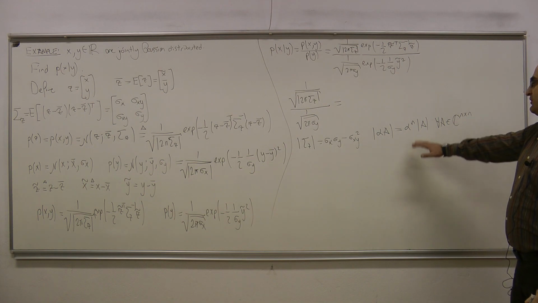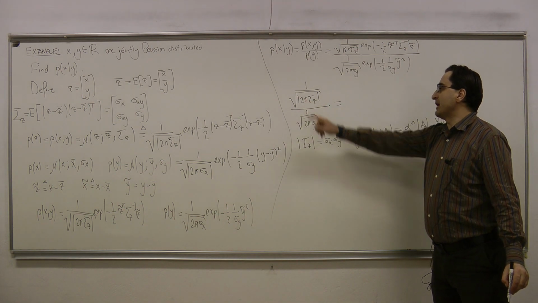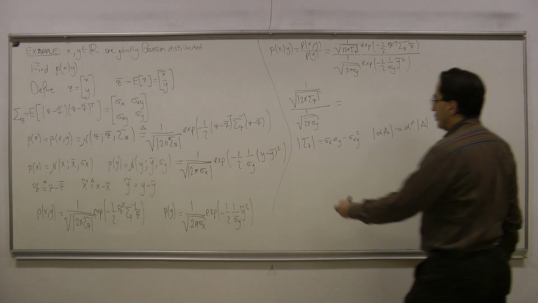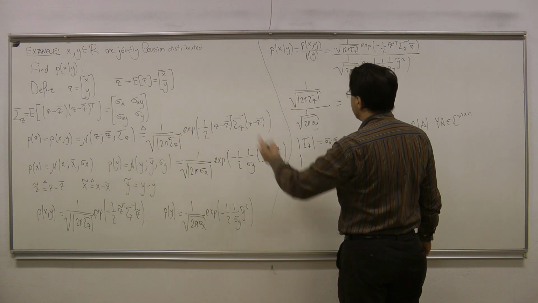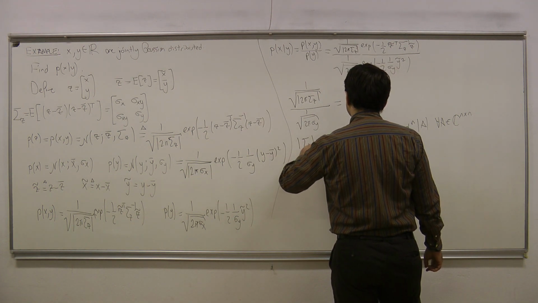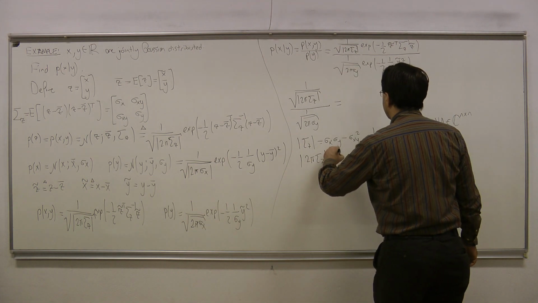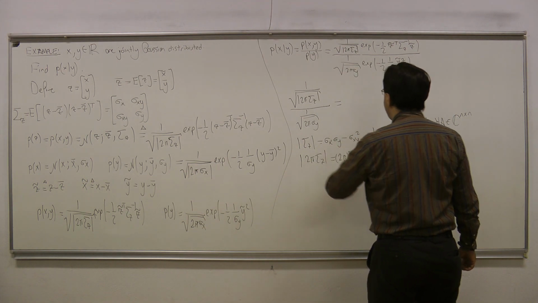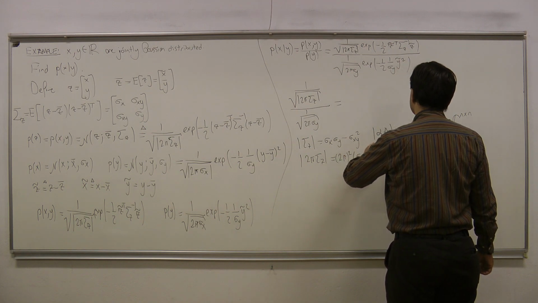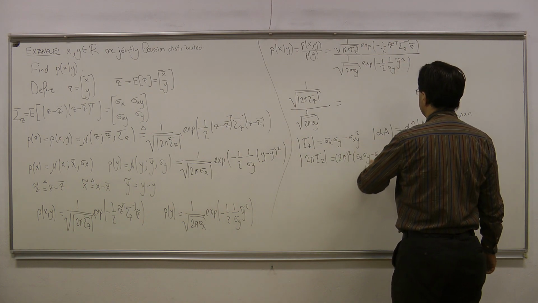As a result, when I multiply the matrix sigma z with 2 pi, and when I take the determinant, since it's a 2 by 2 matrix here, the determinant of 2 pi sigma z is going to be 2 pi square times sigma x sigma y minus sigma xy square.